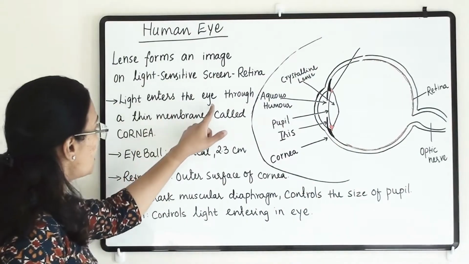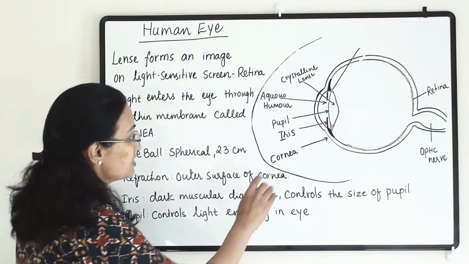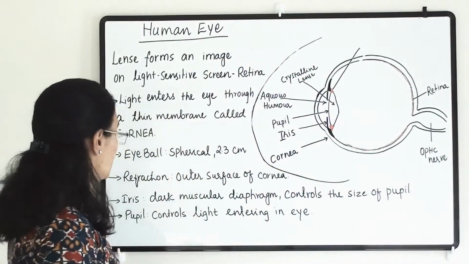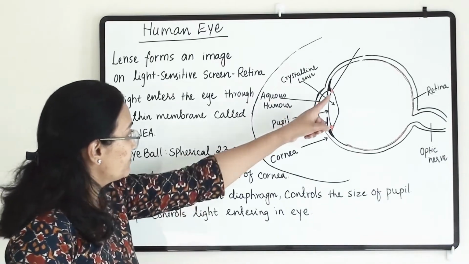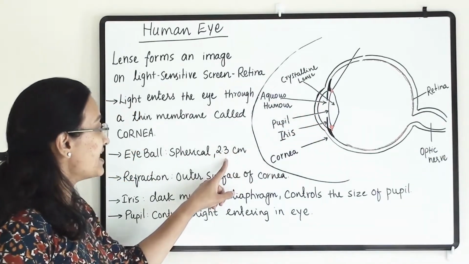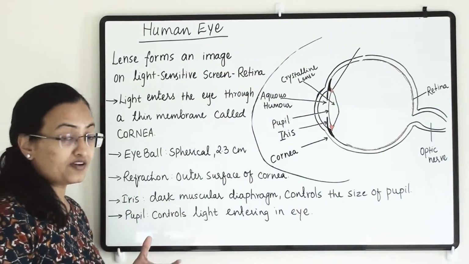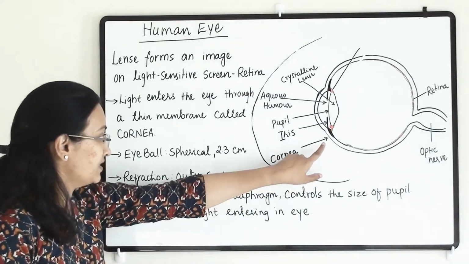Light enters the eye through a thin membrane called the cornea. So this is the cornea, and from here the light enters into the eye. Now our eyeball is spherical, and it has a diameter of 2.3 centimeter. Whatever refraction happens, happens at the outer surface of the cornea here.